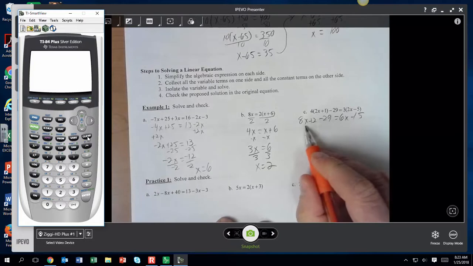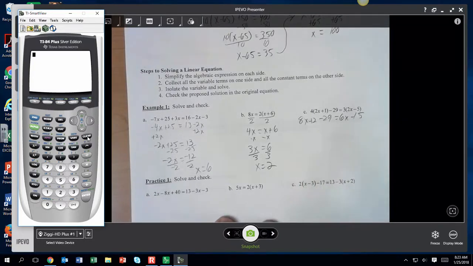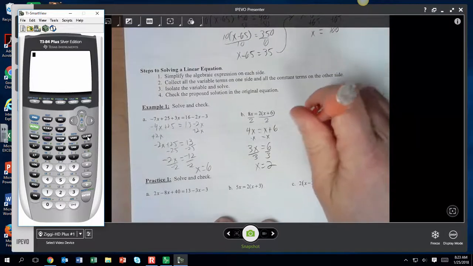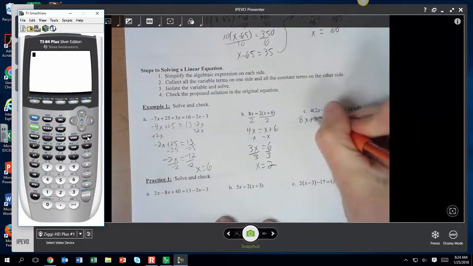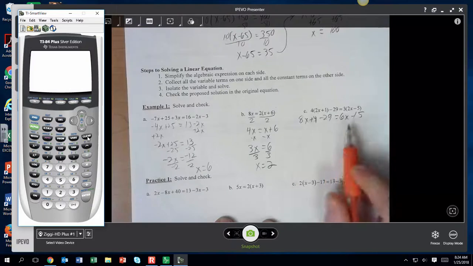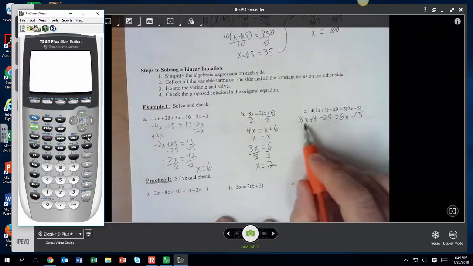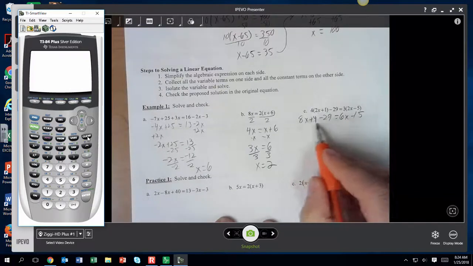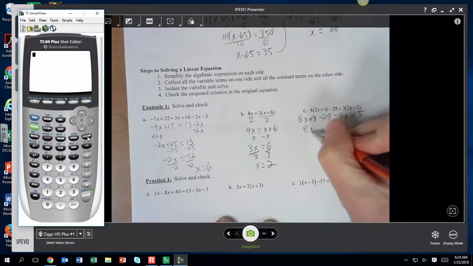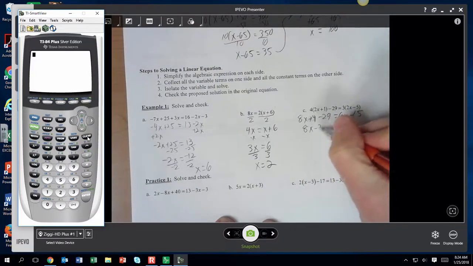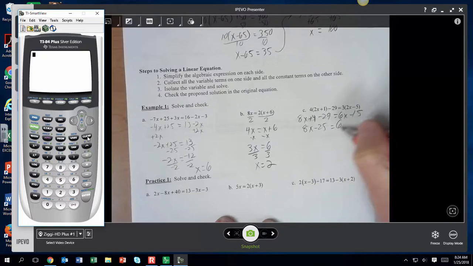I can combine my like terms over here. So I can combine like terms on this side. That's going to be 8x minus 25 equals 6x minus 15.